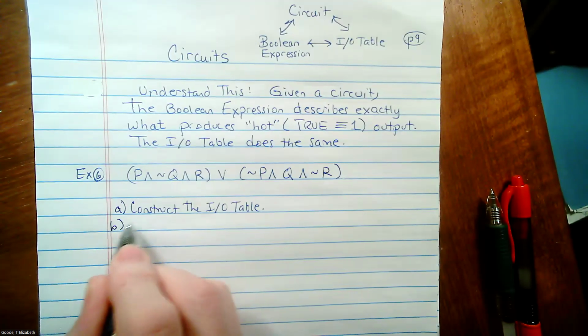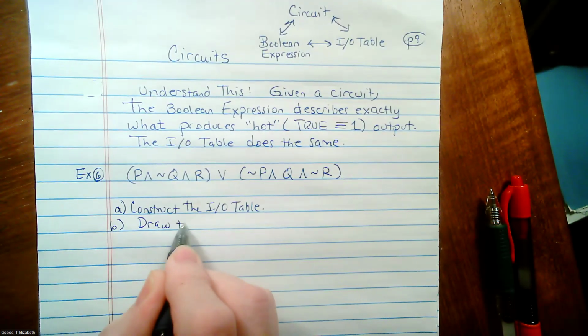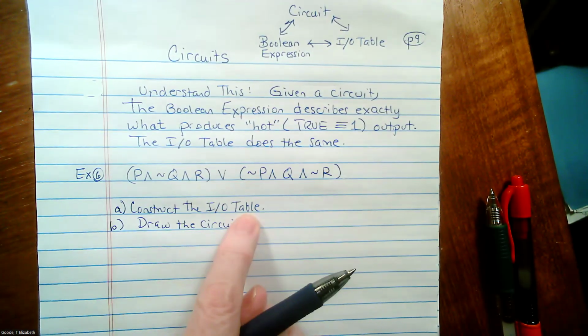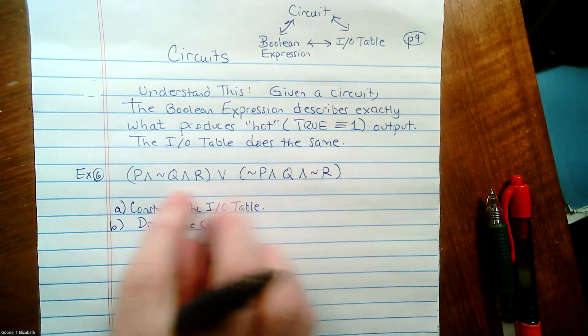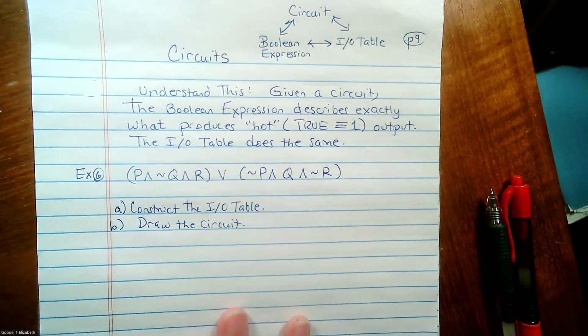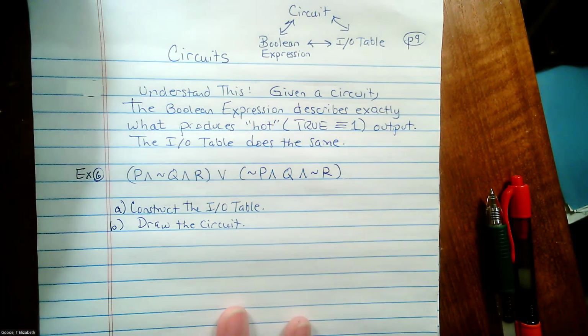And then we might be asked to draw the circuit. Of course, I could give you an I/O table and ask you to write the Boolean expression and draw the circuit. Or I could give you a circuit and ask you to write the Boolean expression and construct the I/O table. It can go any of those ways, and you should check out the class notes, please.